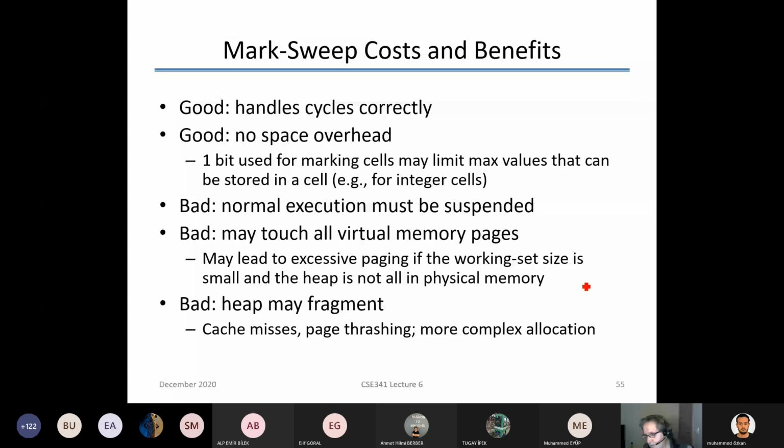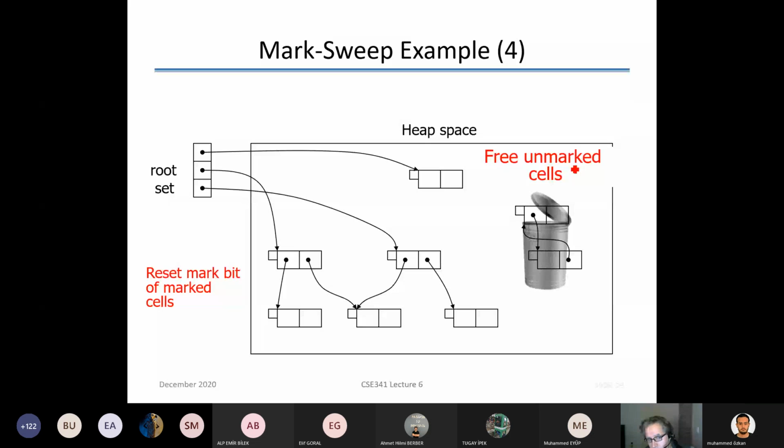It may touch all virtual memory pages. This is another problem with it. Related to the first one, if these things are all over the place spatially, you need to touch them. Reading is one problem whenever memory management is concerned, right?